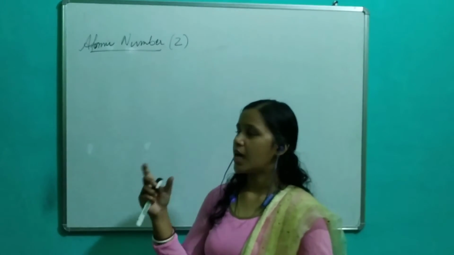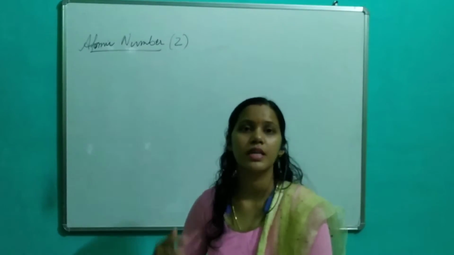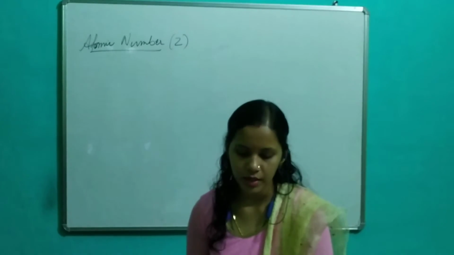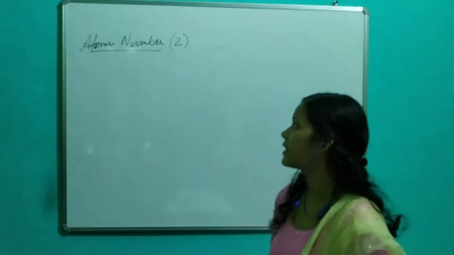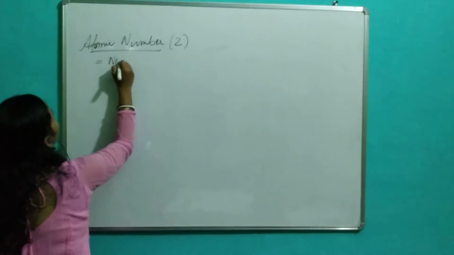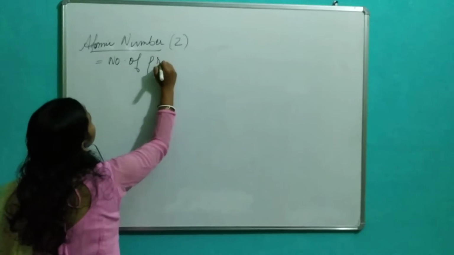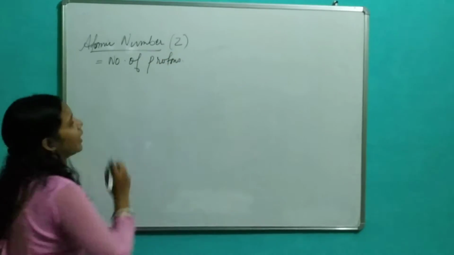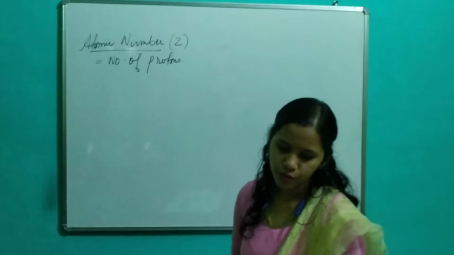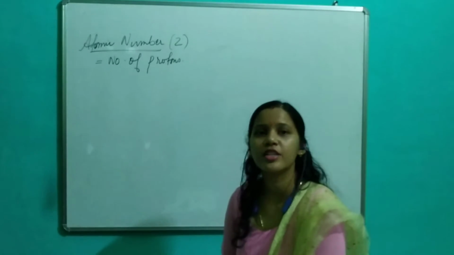He said that the charge on the nucleus of an atom is equal to the number of protons present inside the nucleus. So the atomic number is equal to the number of protons. We also know that an atom has no net charge.